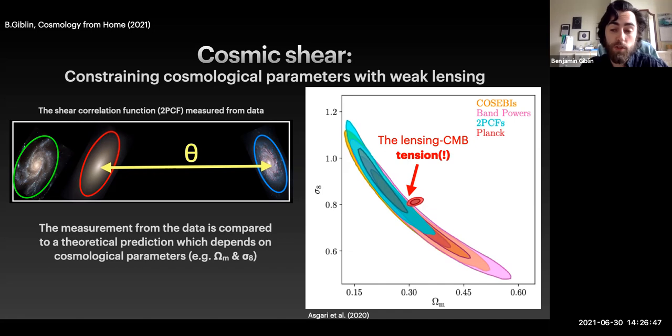So what is of great interest to the cosmological community at the moment is to investigate this tension. And the way I am doing that is by trying to shrink the size of the weak lensing constraints, i.e. get more cosmological information out of weak lensing data to more thoroughly and robustly investigate this tension and whether it is real or if it is just a statistical fluctuation.